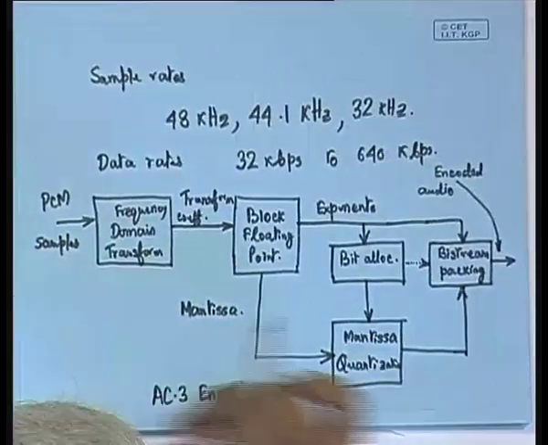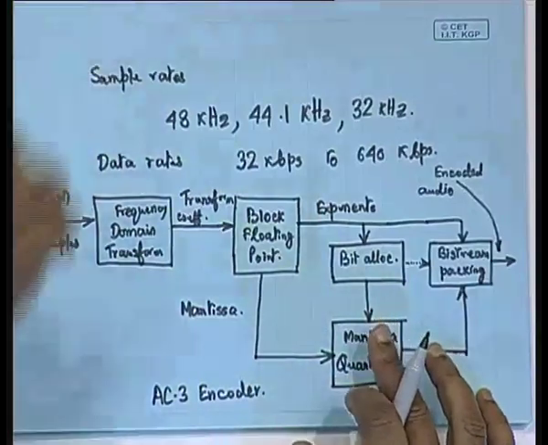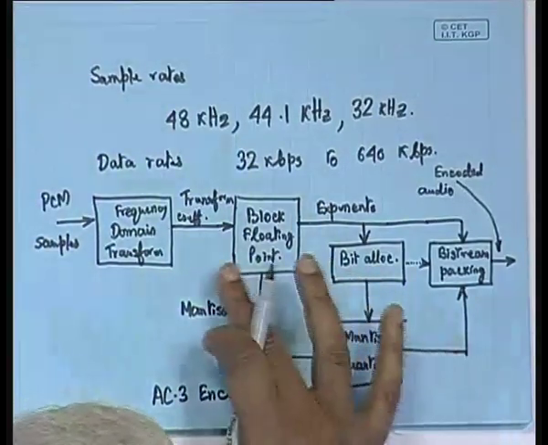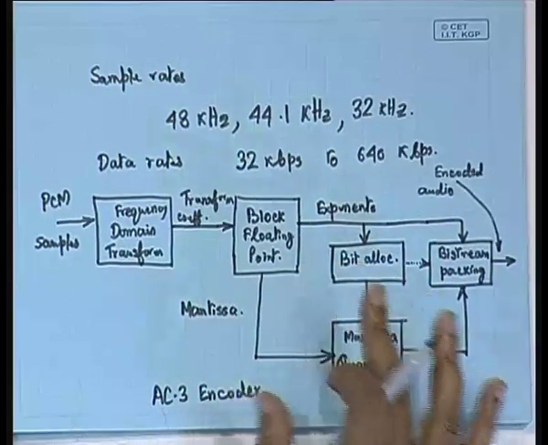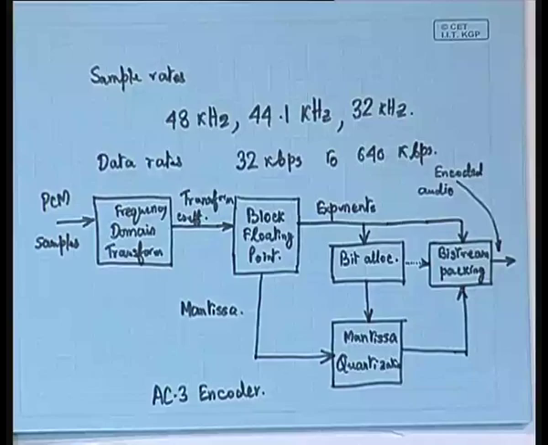Now, after all, if you are looking at the block diagram, you will see that we are encoding the information as the exponent, the mantissa, and also the parameters.